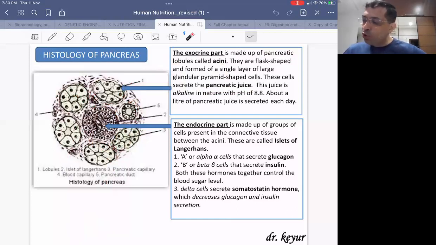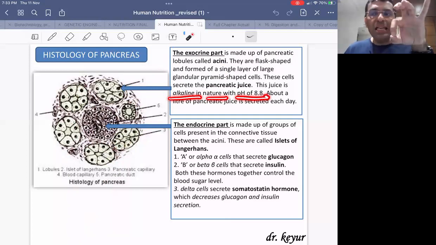And pancreatic juice is alkaline in nature with a pH of 8.8. If you remember, the duodenum has in it Brunner's gland, which makes it alkaline. Bile makes it alkaline.